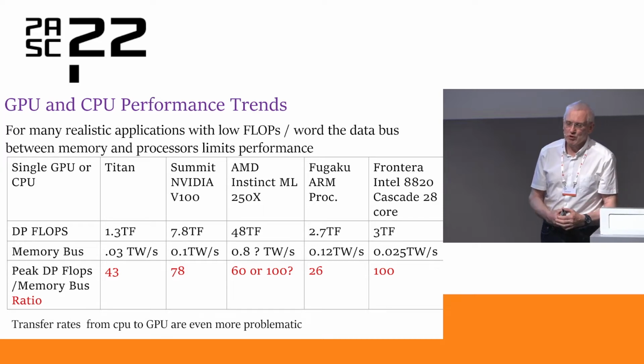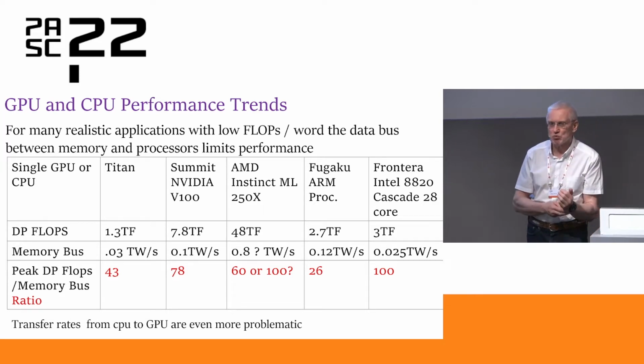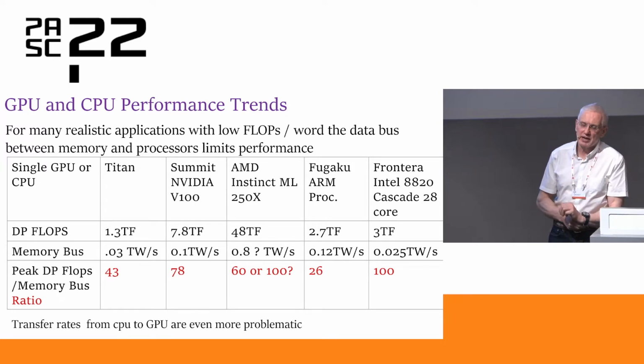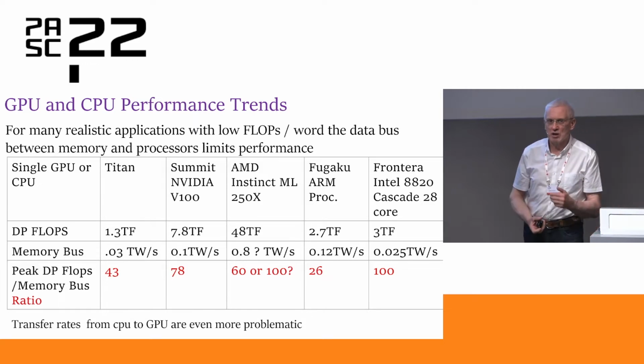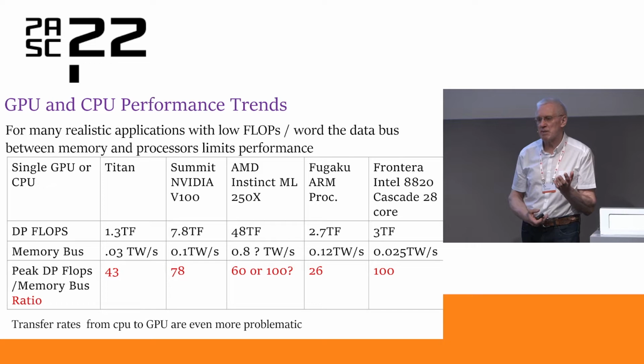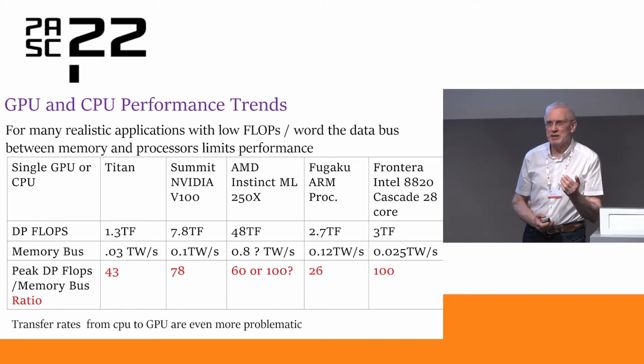And if you look at the ratio of those two things, it's kind of challenging, because what you see is that in order to make full use of these architectures, you really have to have a high arithmetic intensity. That means essentially you need to be reusing every piece of data that you move in for execution to get full performance.